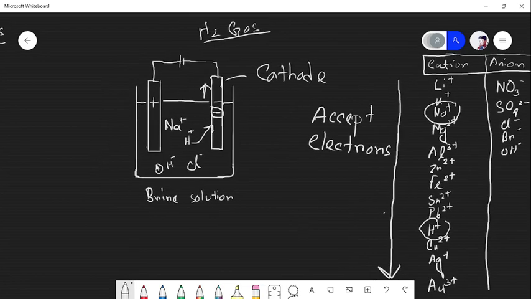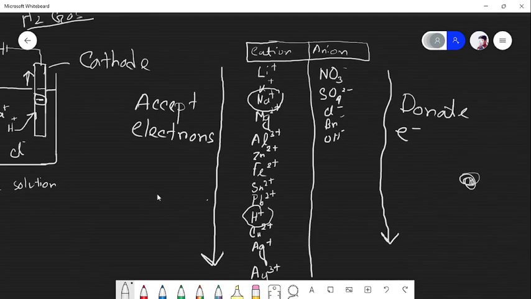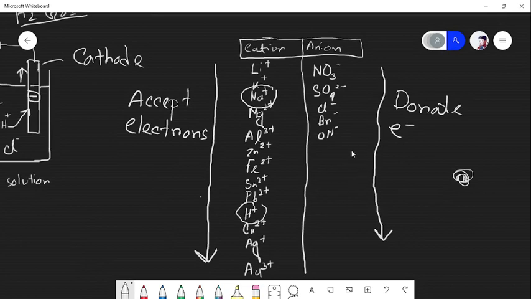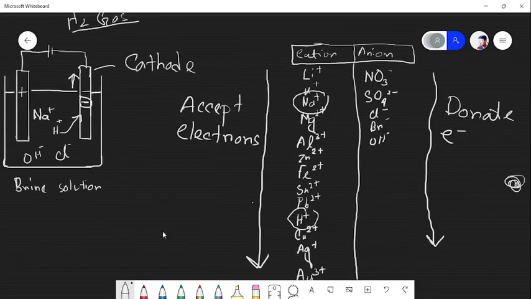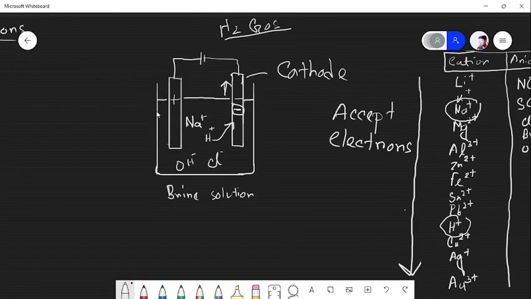And for the case of anions in this cell, the anions are hydroxide and chloride. Notice here that hydroxide is below chloride, so hydroxide should go first to the anode and donate electrons.